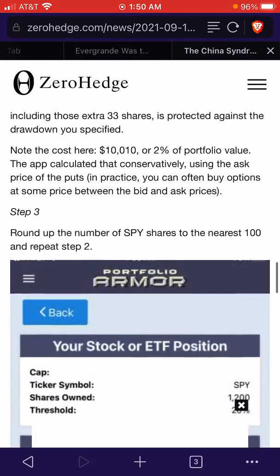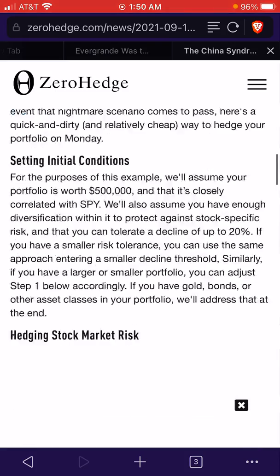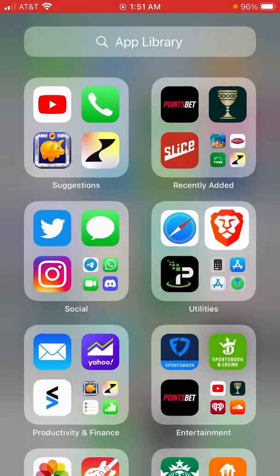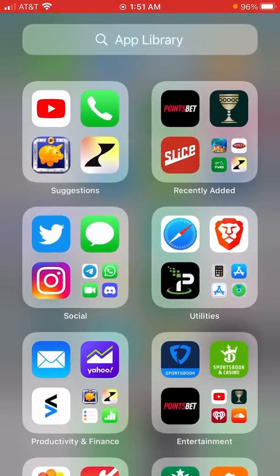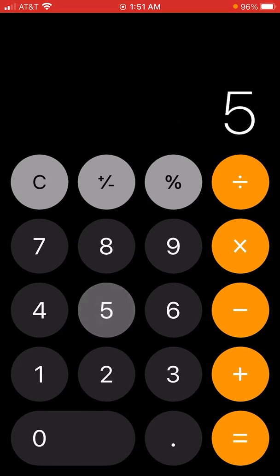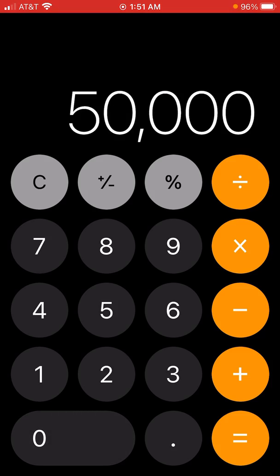And that's not true. So in this video, we'll look at how you can use the same process to hedge market risk in a $50,000 portfolio. So the first thing we'll do is open up the calculator on our iPhone and type in 50,000.